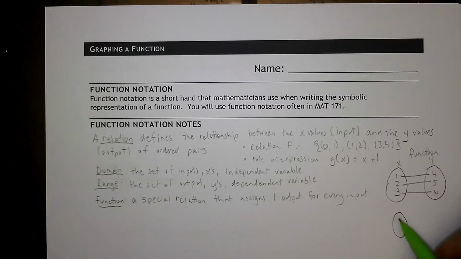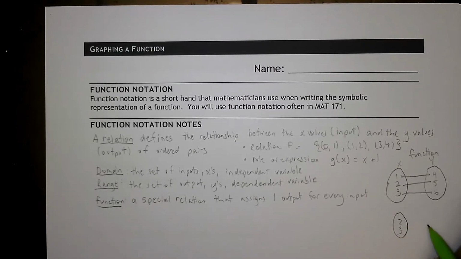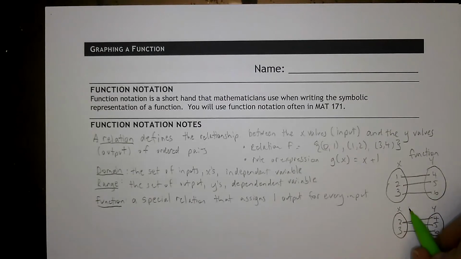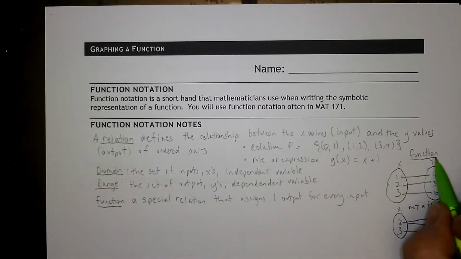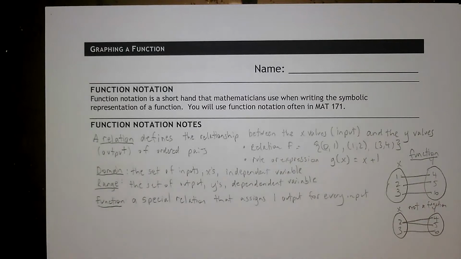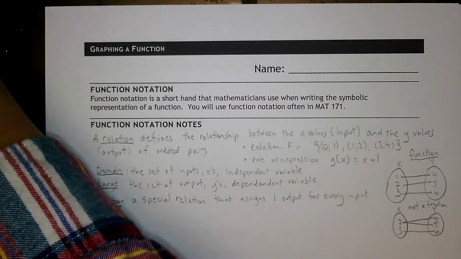However, if you have, and I'm just making up numbers, something like this, where you've got the ordered pair 2, 4, and 2, 5, this input has two outputs. So this is not a function. It's a relation, so you can graph it, but it is not a function, which is a special type of relation.